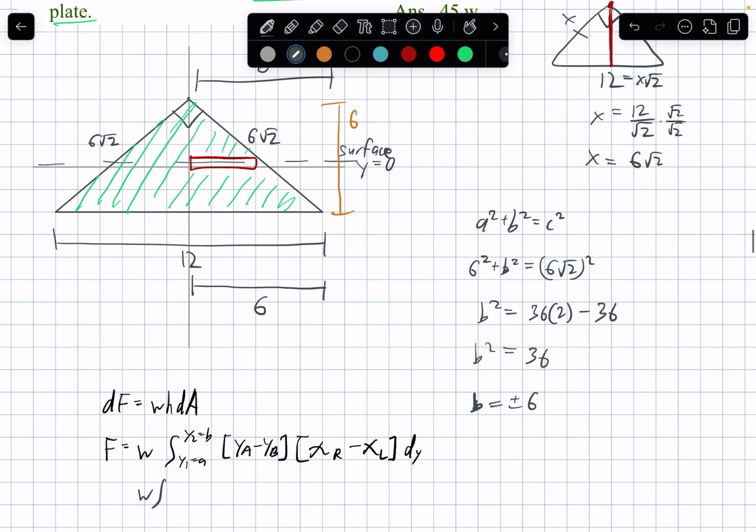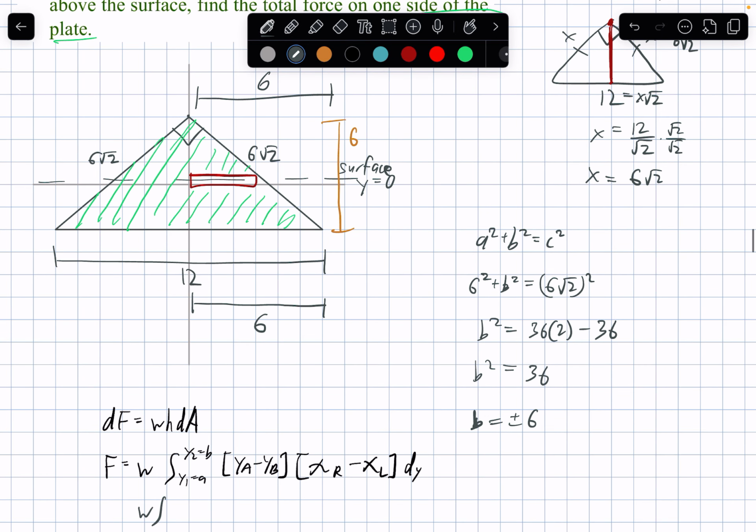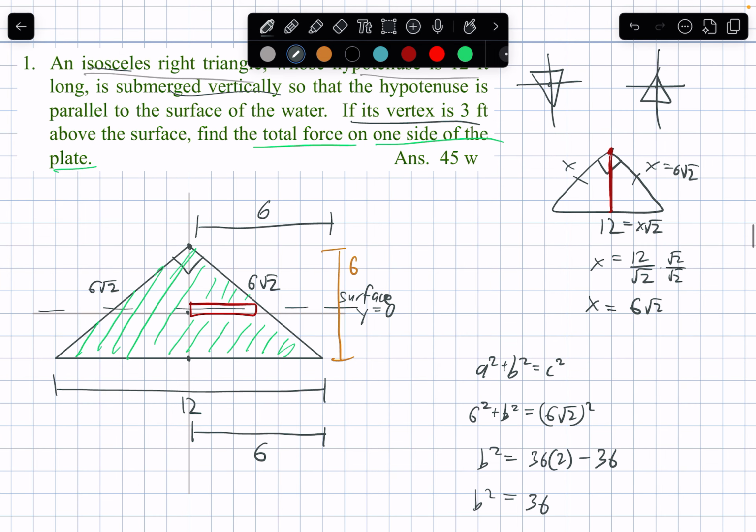Limits of integration: since this is a horizontal element, we look at this and this. This part is 0, 0, the origin, right? When we go at the very top, again, we drew our illustration based on the instruction that says the vertex is 3 feet above the surface. So this one is 0, 3.